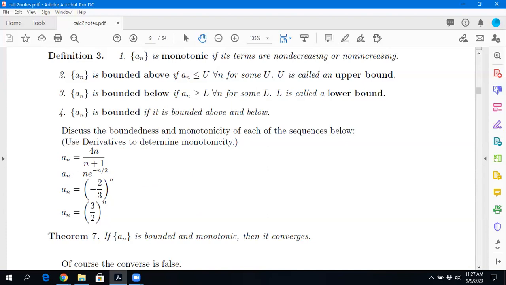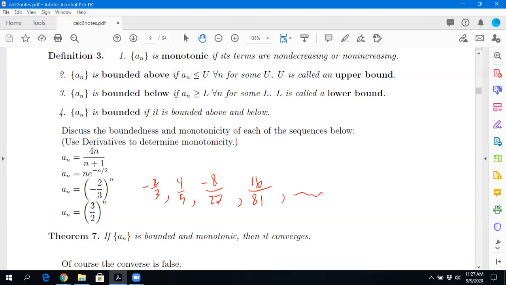If I were to write things down, I would have negative 2/3. The next one is 4/9. The next one is negative 8/27. The next one is 16/81, etc.